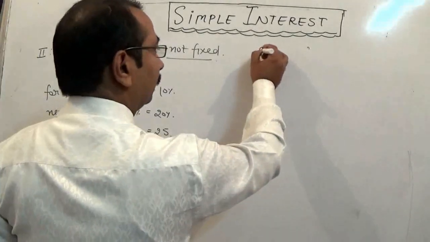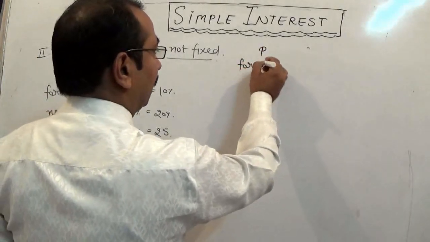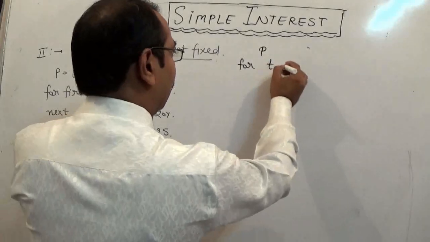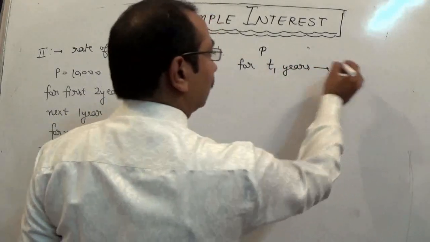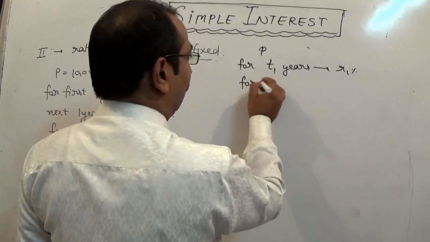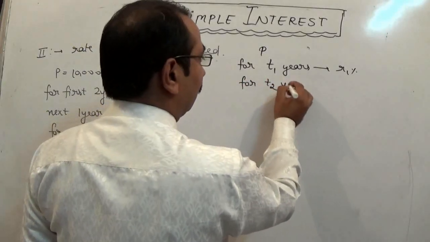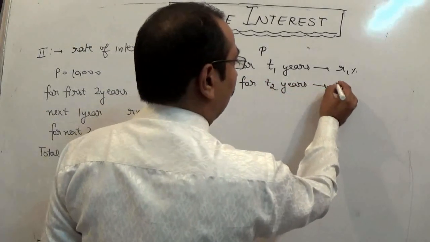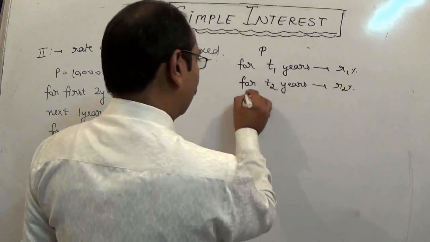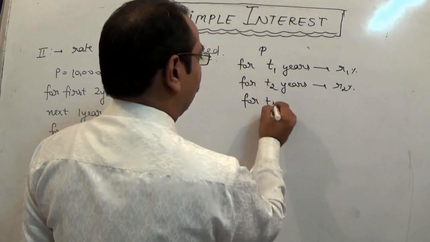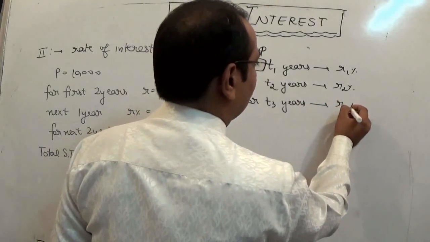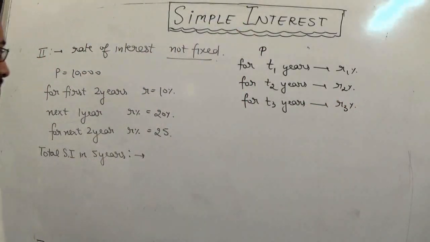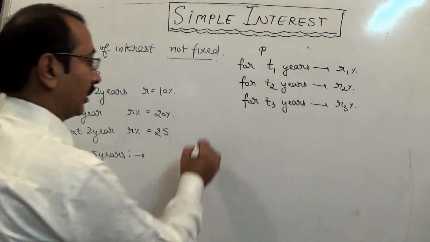P is the principal. For the first T1 years, rate of interest is R1%. For the next T2 years, rate of interest is R2%. For the next T3 years, the rate of interest is R3%. And I am supposed to find out the simple interest.